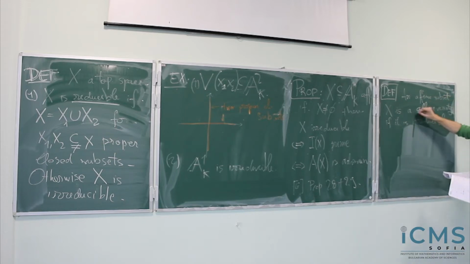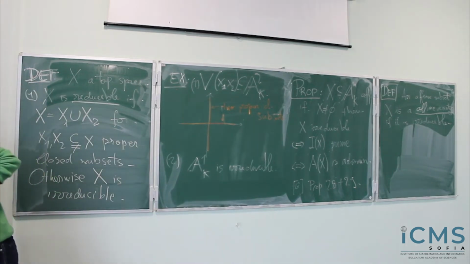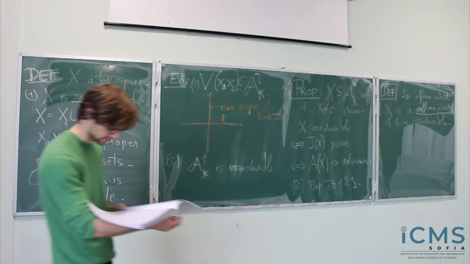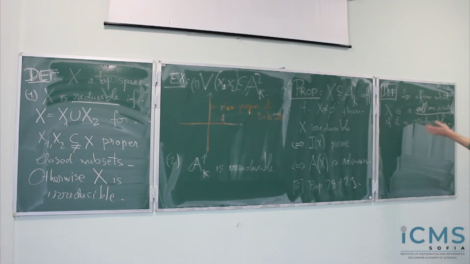So finally, varieties are irreducible affine subsets. This is the main object of interest for us. We will deal with affine subsets in some cases, but usually when I say variety, I mean that it is something irreducible. So this will be an important property for us.